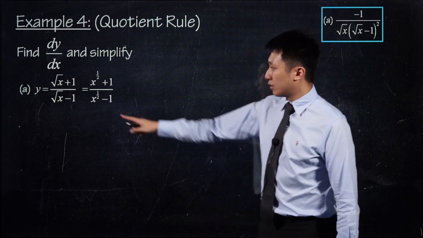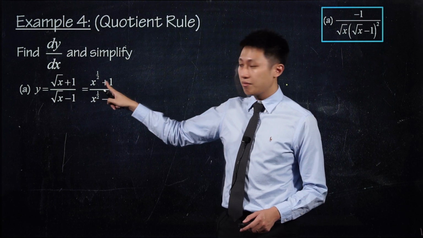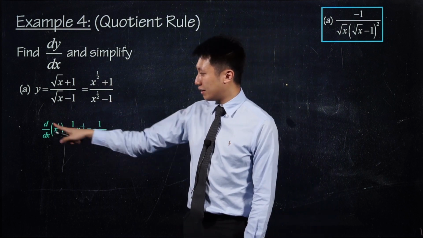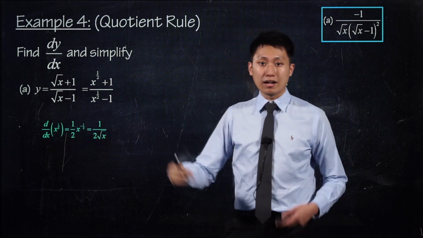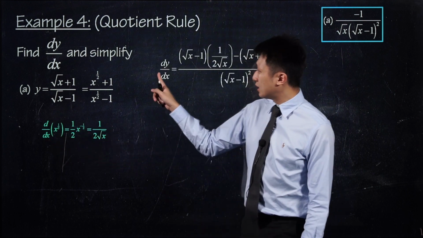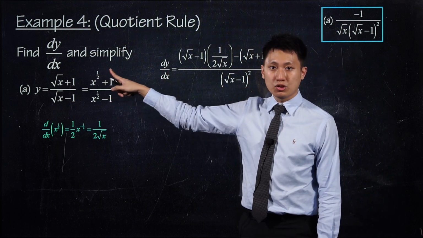If you are doing it the first time, you will be writing x to the power half, then differentiating to get 1 over 2 square root x. Hence, this differentiation will be v u prime minus u v prime.